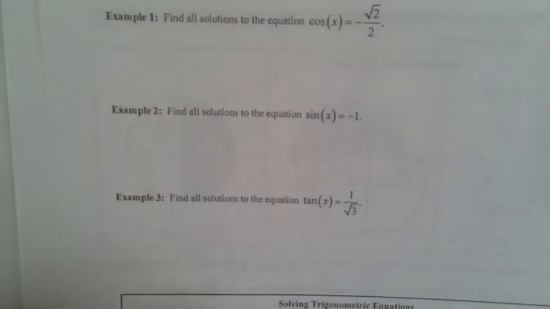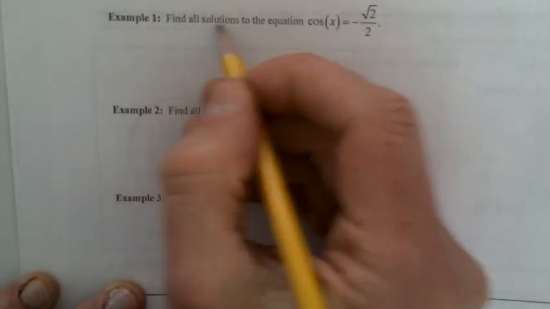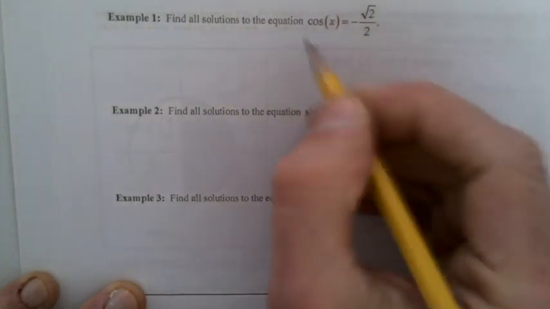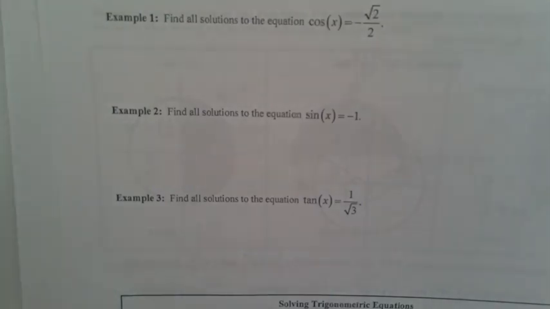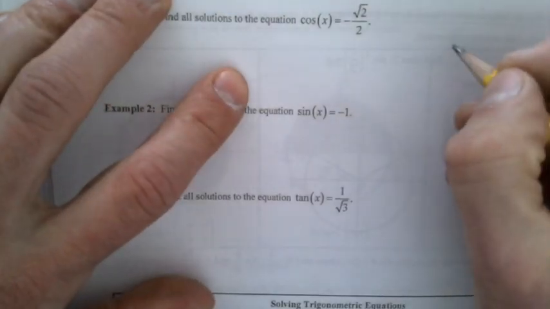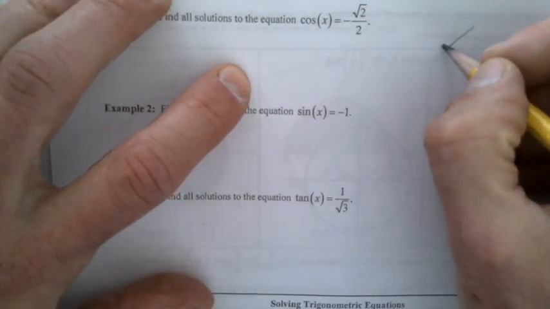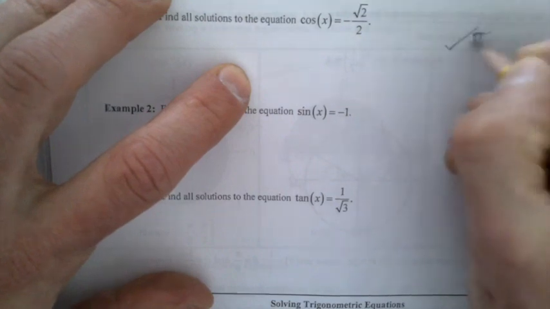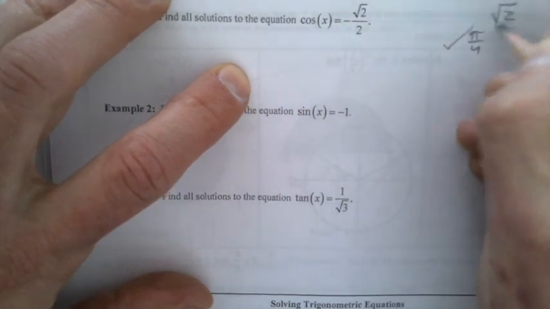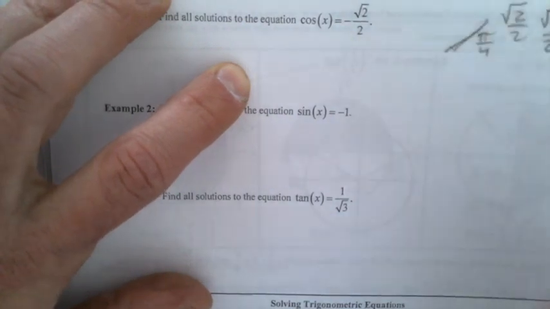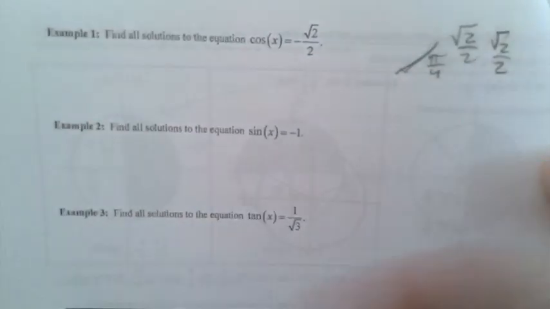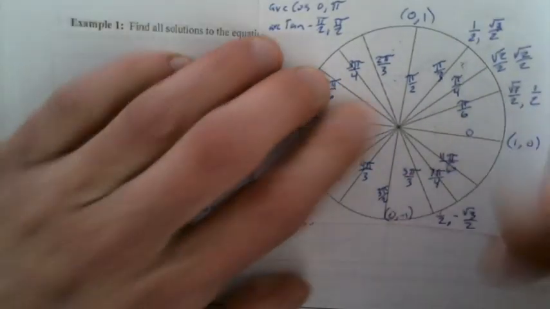So now we're on to the examples. Find all solutions for this equation. When is cosine of x equal to negative root 2 over 2? Root 2 over 2 I know is when we have pi over 4, because root 2 over 2 and root 2 over 2 on my unit circle. Here we go.